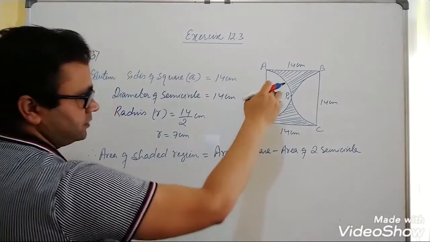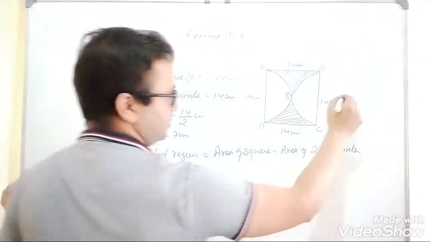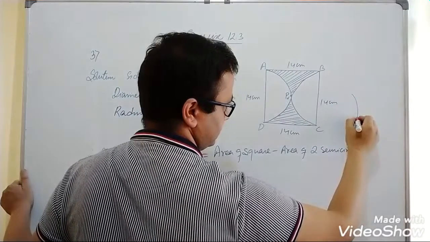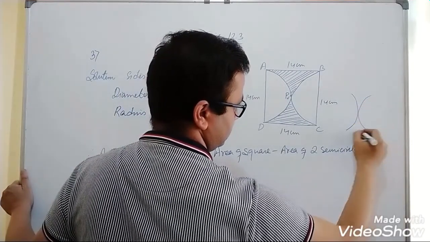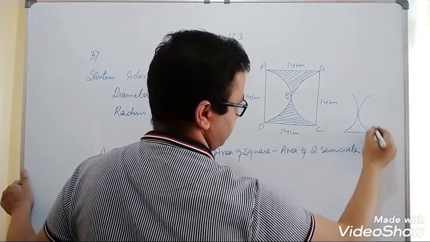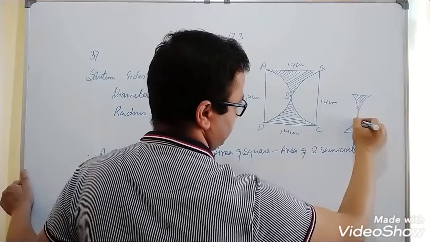If you subtract the semicircles from the square, you will get only this part.